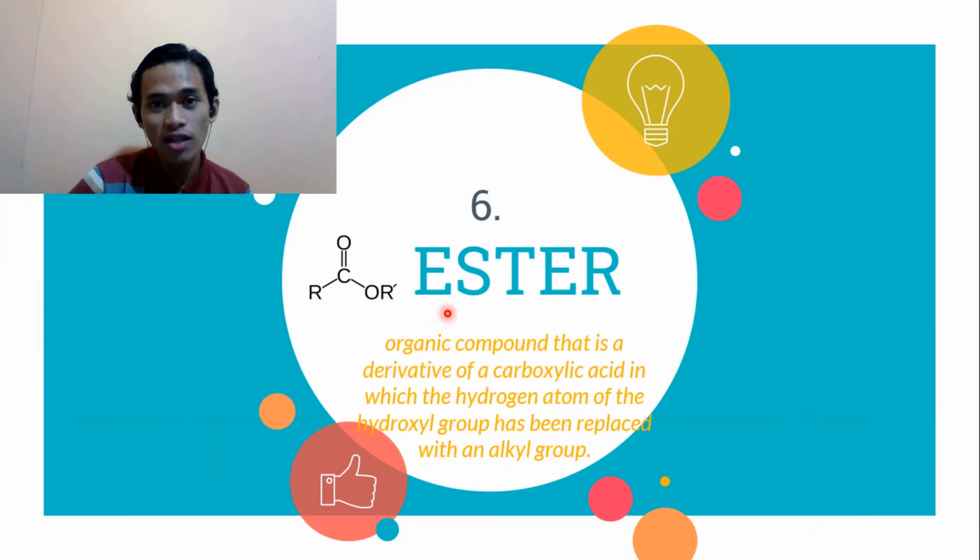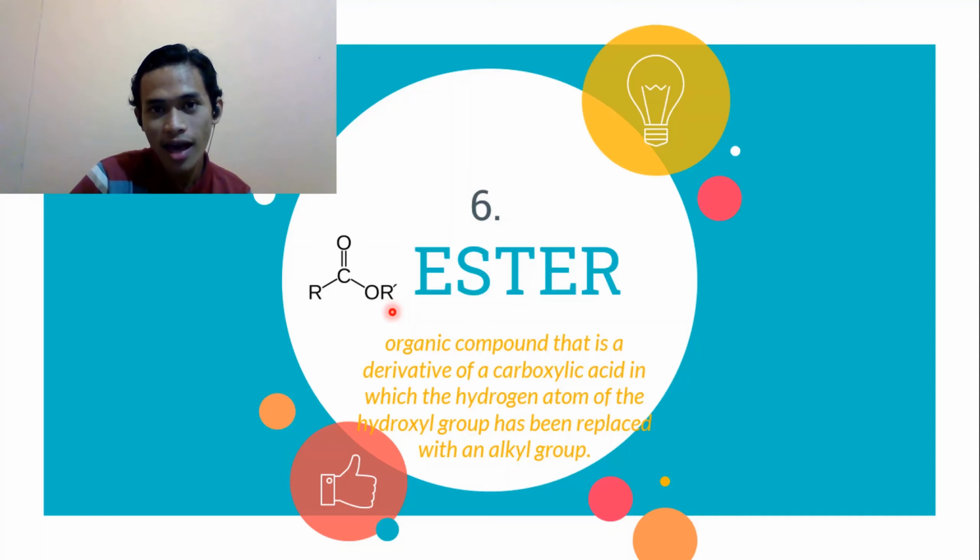And the last functional group is ester. An ester is an organic compound that is a derivative of a carboxylic acid, in which the hydrogen atom of the hydroxyl group has been replaced with an alkyl group. So, from the hydroxyl group, before, the H here is from the carboxylic acid.